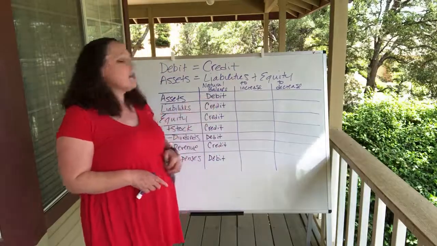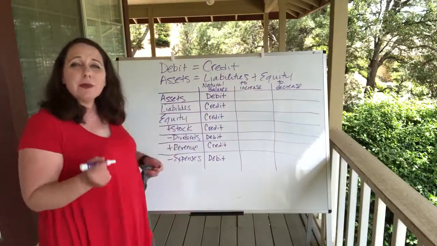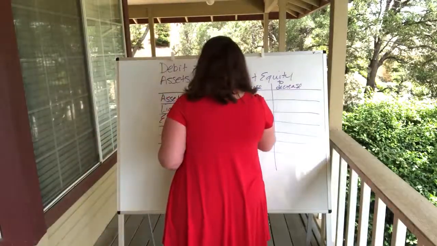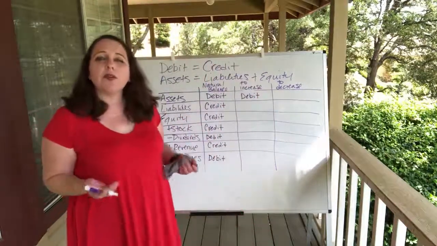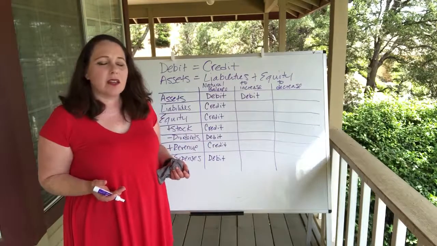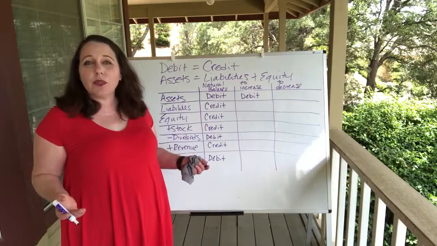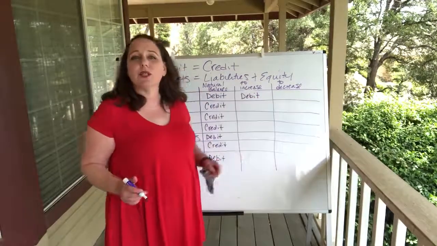So if assets have a natural debit balance, then to increase assets, we would need to debit the account. So in transaction 1, when we increase cash, that means we would debit cash. To decrease cash, we would need to do the opposite. So if we increase with a debit, then we must decrease with a credit.